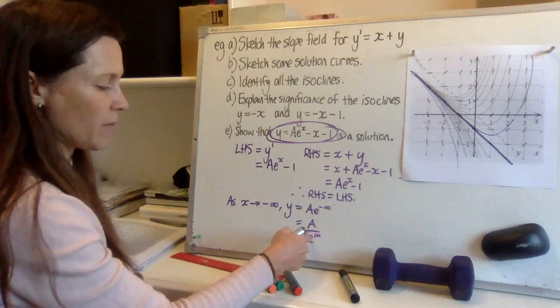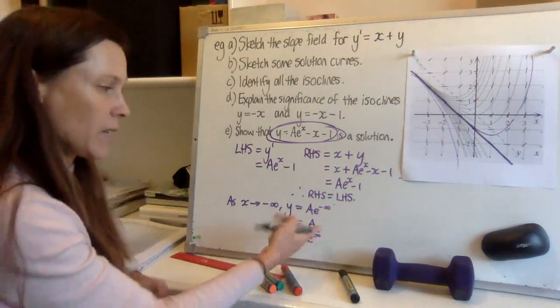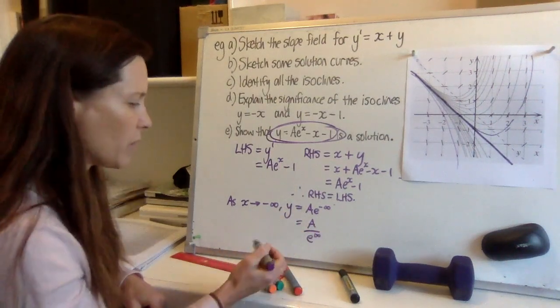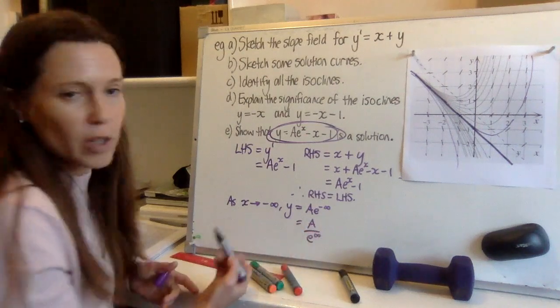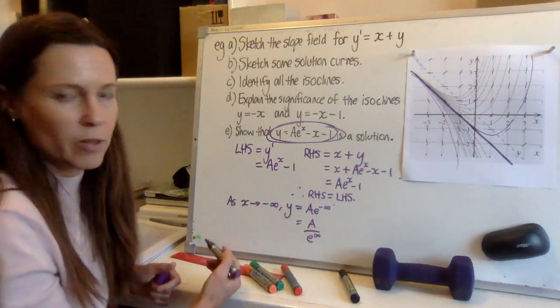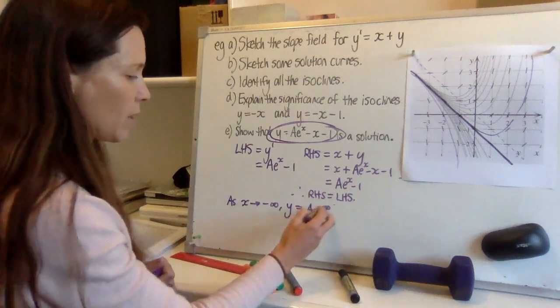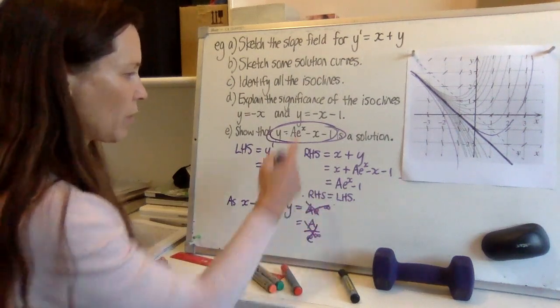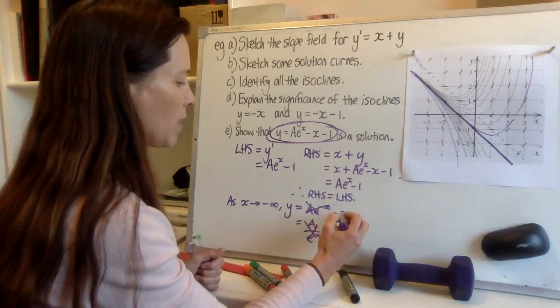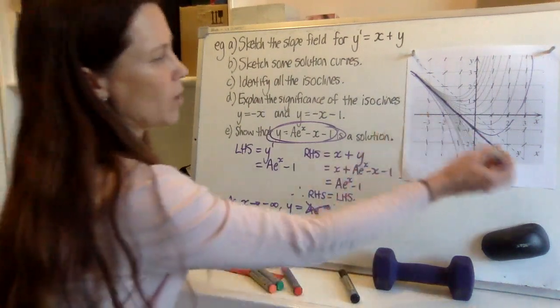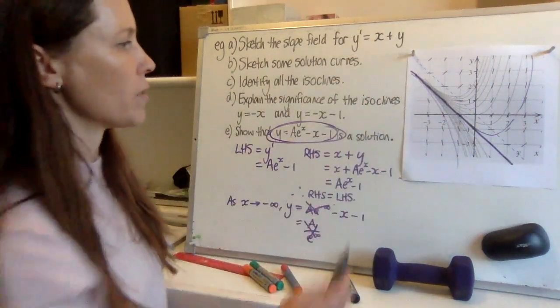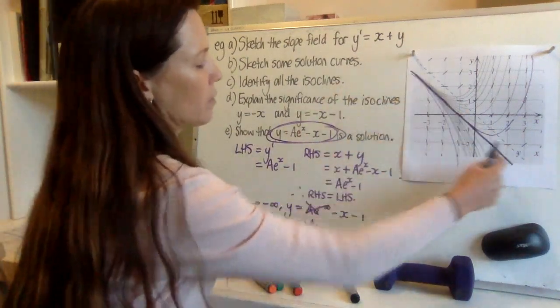Now, a massive number on the denominator there, like e to the power of something huge tending towards infinity, makes this fraction virtually 0, no matter what value a has. And that means we essentially, as x heads this way, lose that term, and what we end up with is just our minus x minus 1, which is why all of the solution curves are approaching that isocline there.